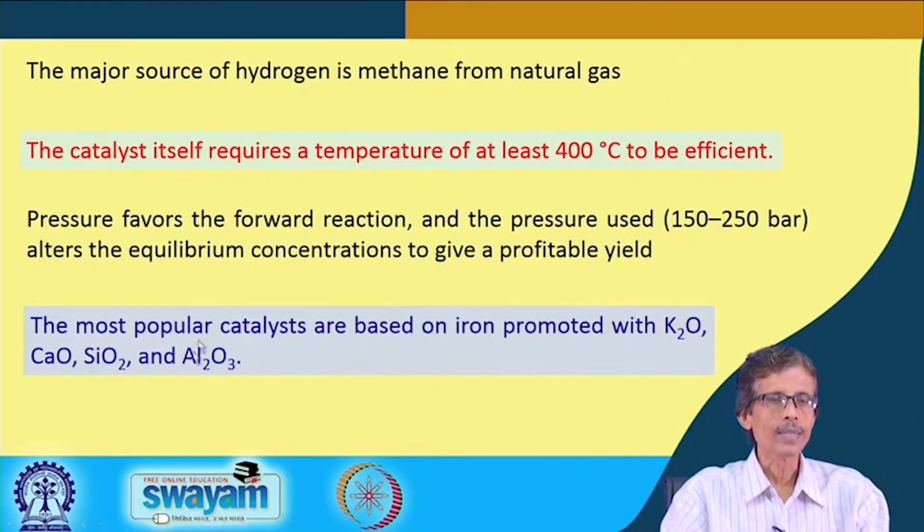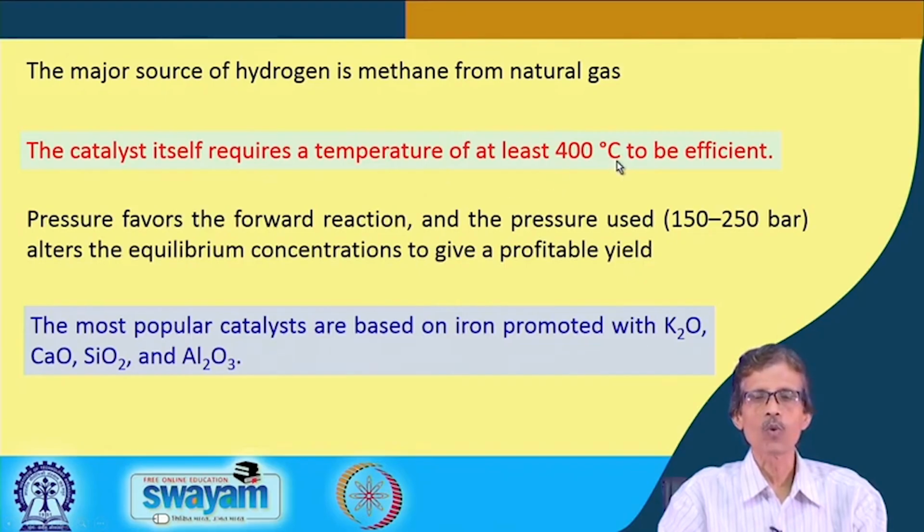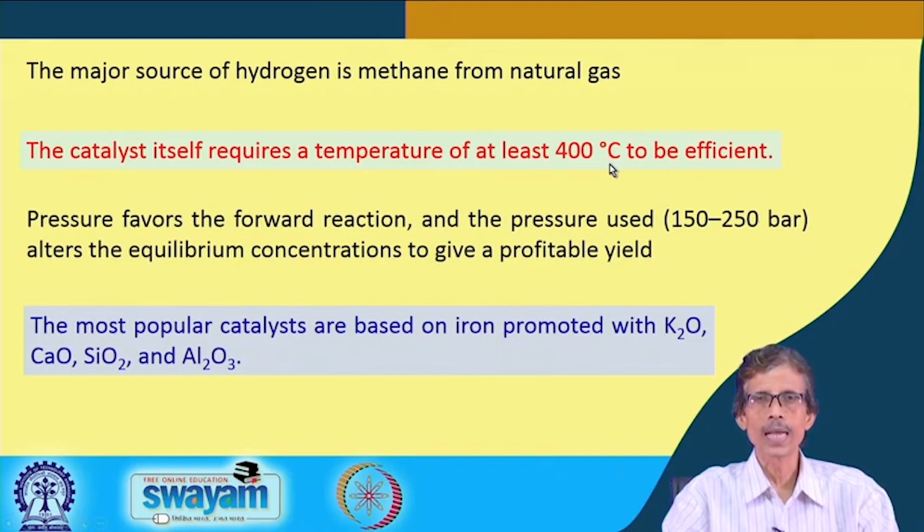But the major source of hydrogen that we are using is natural gas, and the catalyst itself requires a temperature of at least 400 degrees centigrade, because below this temperature the reaction is not very favorable. The high pressure of these two gases also favors the forward reaction.